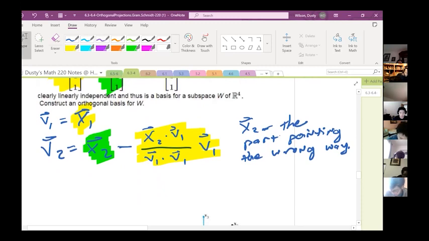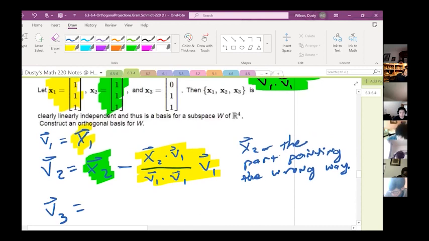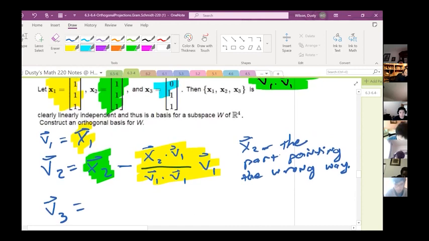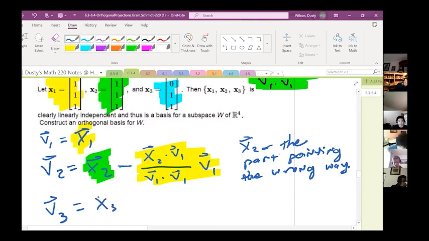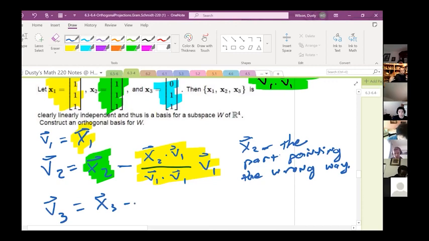And then our V3 is going to start with the X3. And then we've got to get rid of all of the X3 that's pointing in the wrong direction.